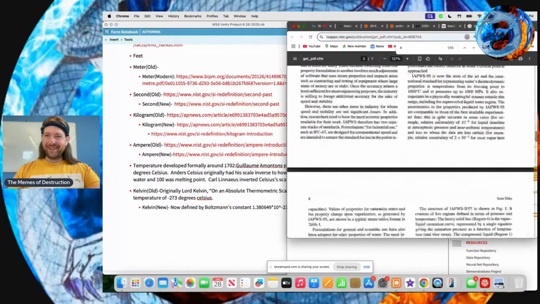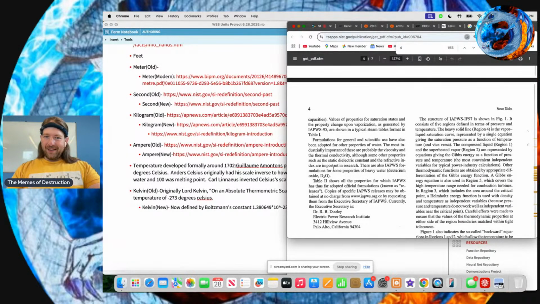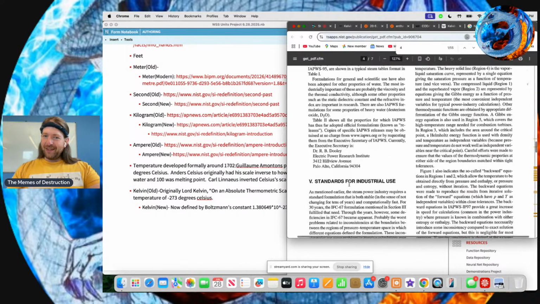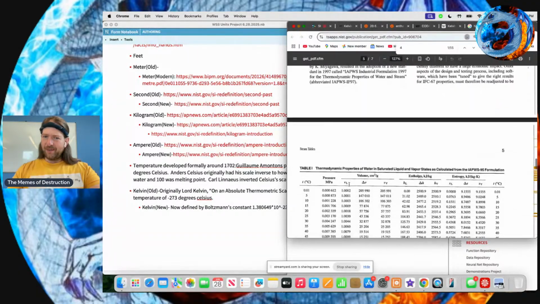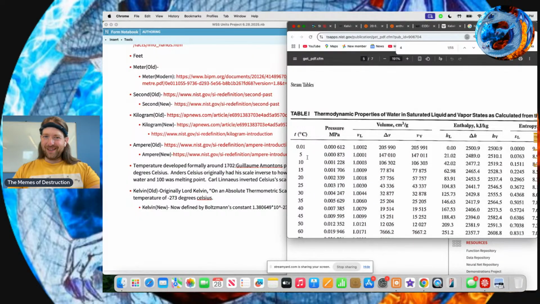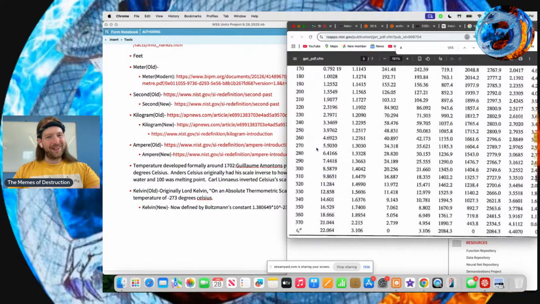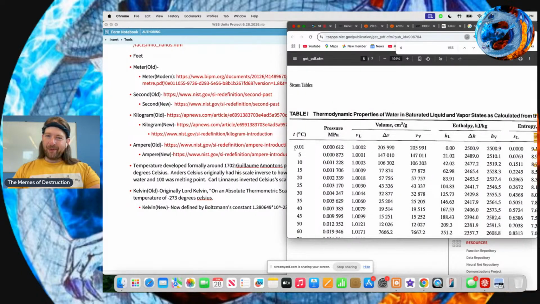All right, so let's see. Format and table 1. All right, so we should have some figures here. Ah, here we go. Oh, they're not showing 4 degrees Celsius. Why might that be? I have no idea. Okay, at 0.01 degrees Celsius, we got our pressure, and that's in megapascals.